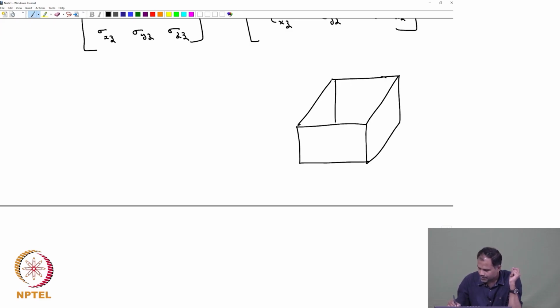Okay, our usual notation x, y, z. Let us look at one of the faces, say the red face.